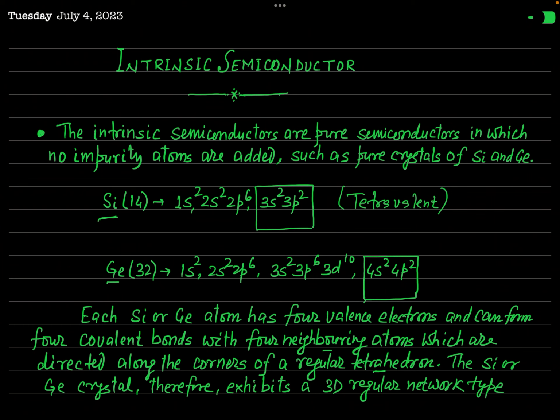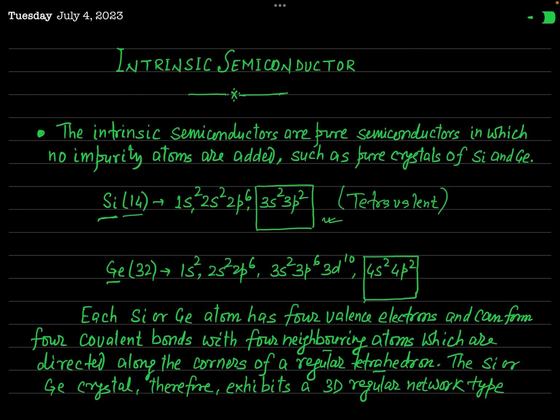And when you talk about silicon and germanium, these two materials are of the fourth group of the periodic table. As these are of the fourth group, they have 4 valence electrons. I have written here the electronic configuration of silicon and germanium. Silicon's atomic number is 14, so its electronic configuration is like this.